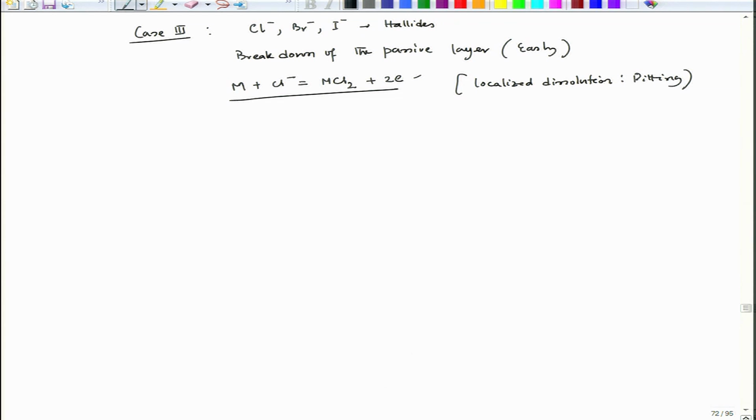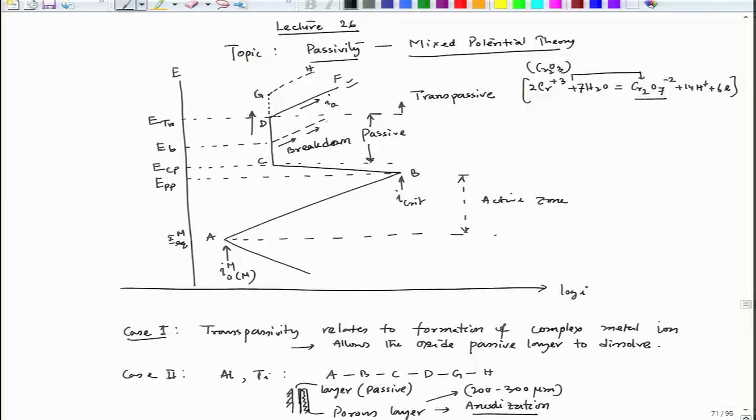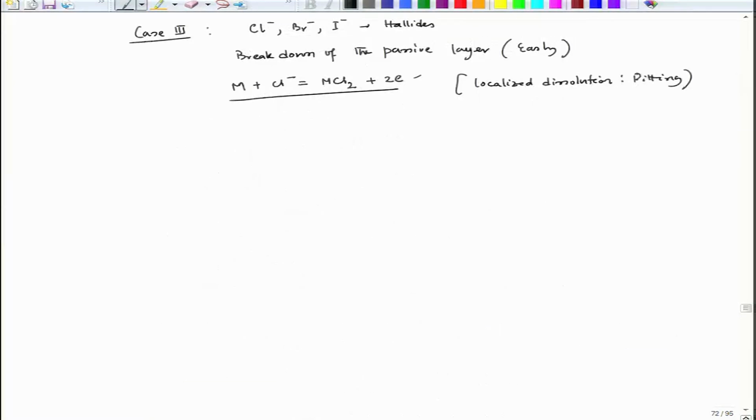Okay. So, if this particular segment... I can have, for example, if this is E, this is log I, the plot could be like this.